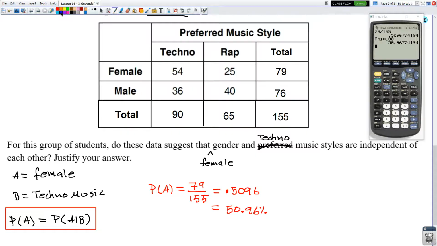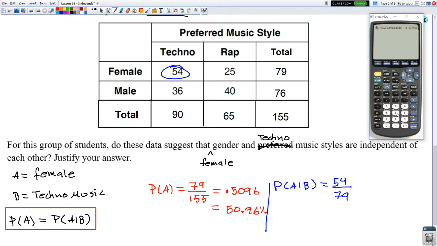So now let's figure out what P of A given B is. Well, we're looking for those females who like techno, which is 54. And we need to divide it by the total amount of females, which is 79.